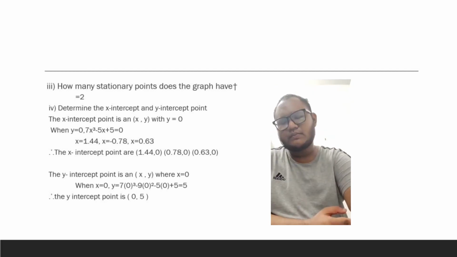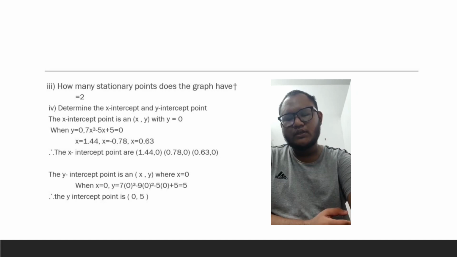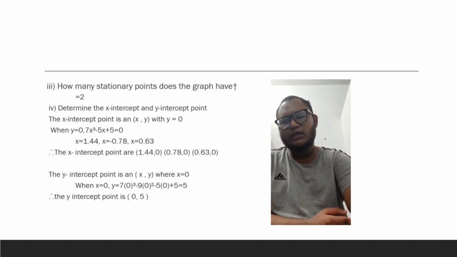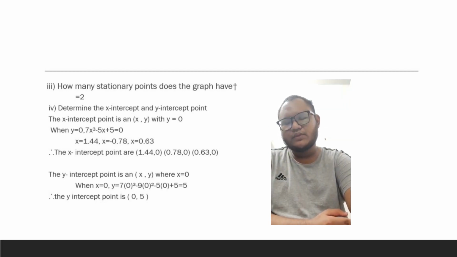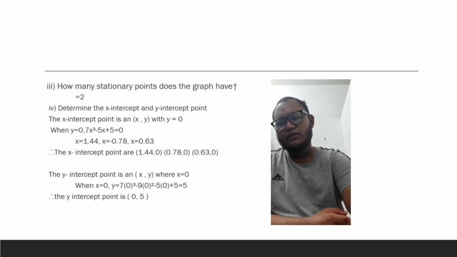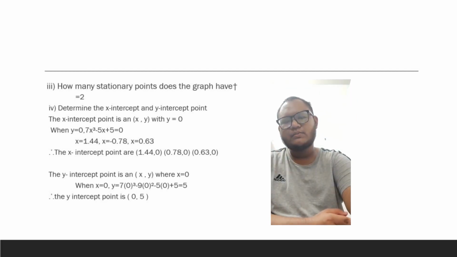Therefore, the x-intercept points are 1.44, 0; 0.78, 0; and 0.63, 0. The y-intercept point is an x, y where x is 0. When x is 0, y equals 7 times 0 power 3 minus 9 times 0 power 2 minus 5 times 0 plus 5 equal to 5. Therefore, the y-intercept point is 0, 5.